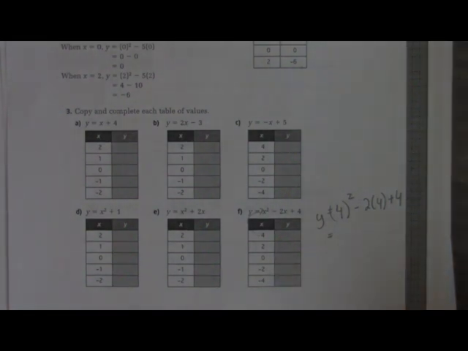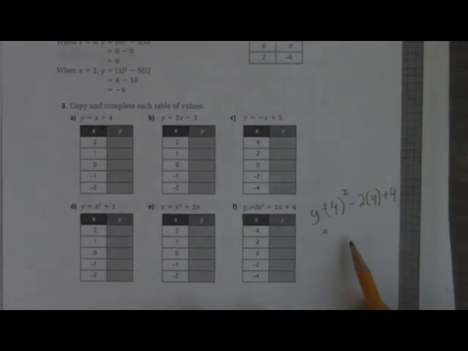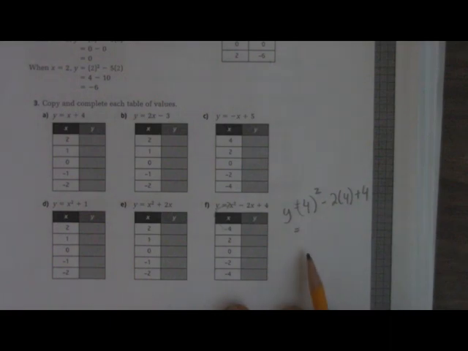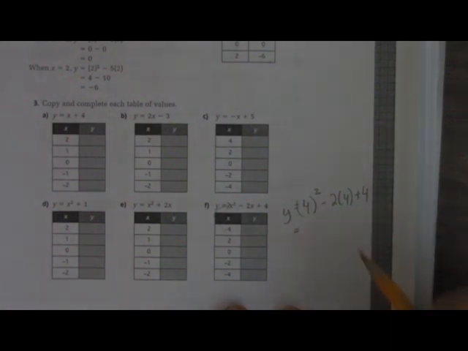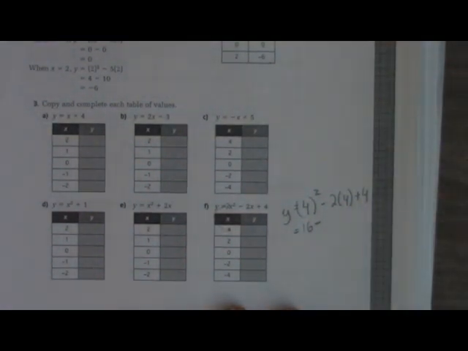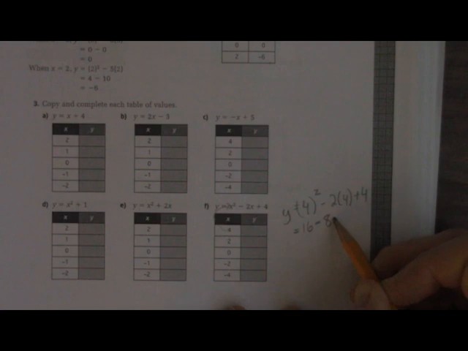What's the first part? What's 4 squared? Like, the product of it? Are you with me? Can you see this? You gotta stay awake. 4 squared. 16, yep. What's 2 times 4? 8. Okay. Plus 4.